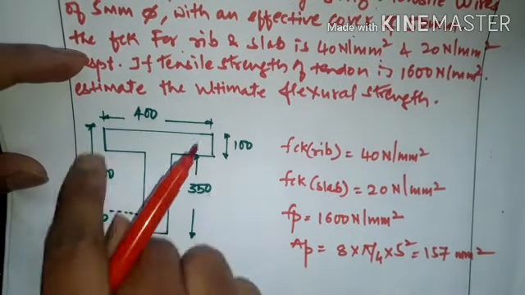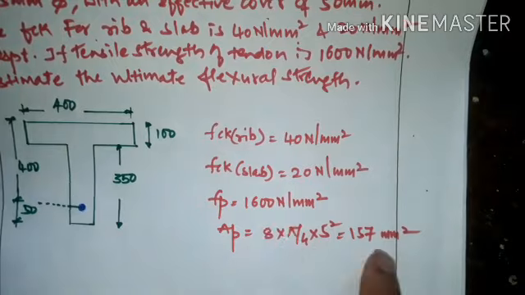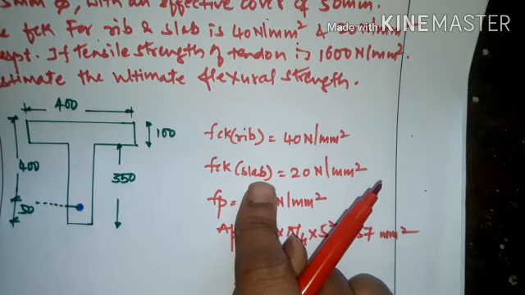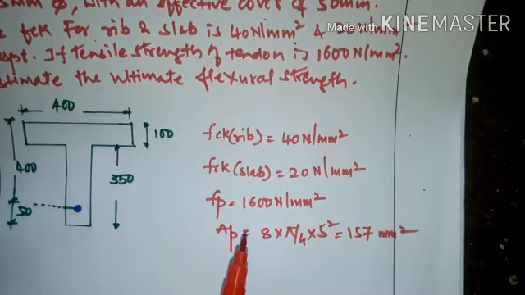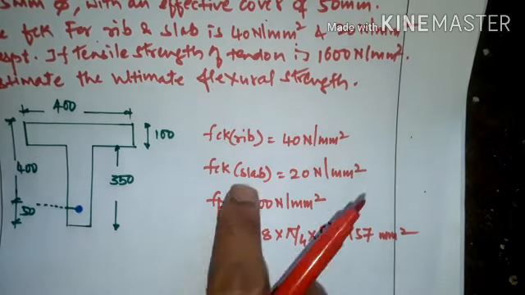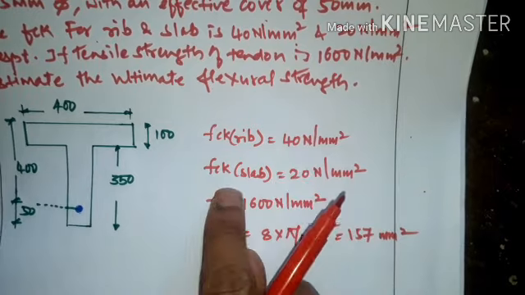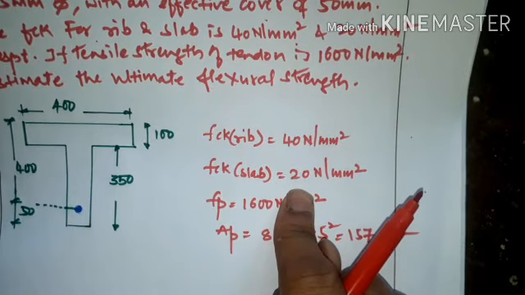Apart from this, one more important thing is they are given the FCK for rib and FCK for slab separately, because it is a composite, so the FCK may vary. FCK for rib is given as 40 Newton per mm square, and FCK for slab is given as 20 Newton per mm square.